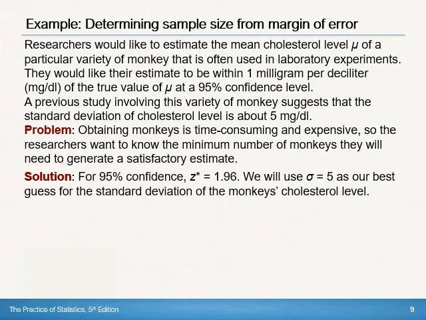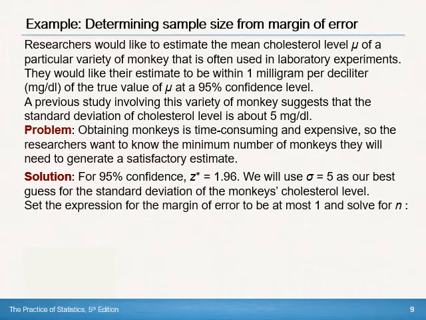For our 95% confidence, remember, since we don't know our degrees of freedom, we're switching over to our z-score here. Our critical z value in this case is 1.96. We know the sigma of 5 from past studies, and we get an expression that looks like this: 1.96, the critical z-score value, times 5, the sigma from a previous study, divided by the square root of n.